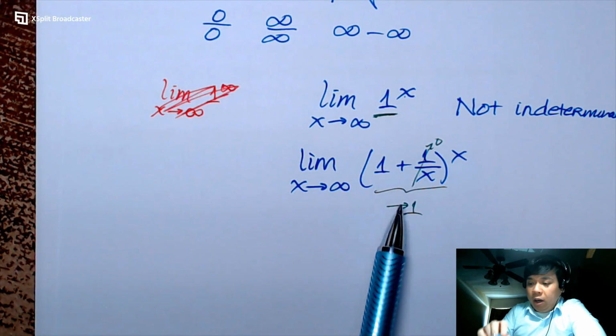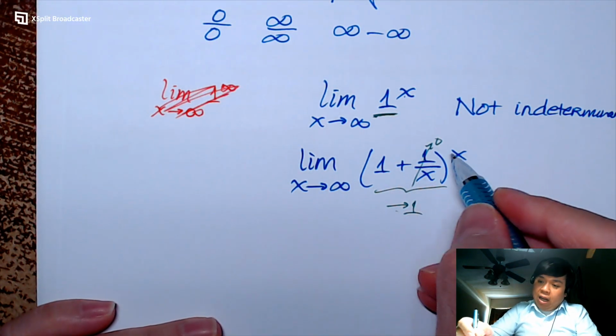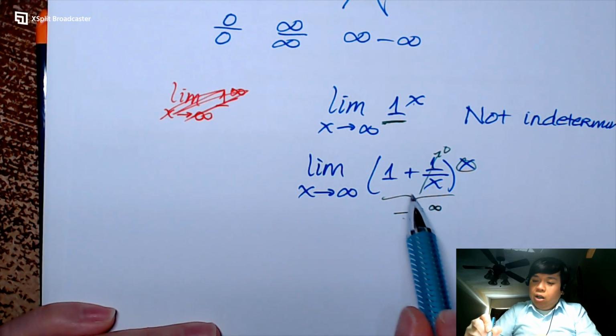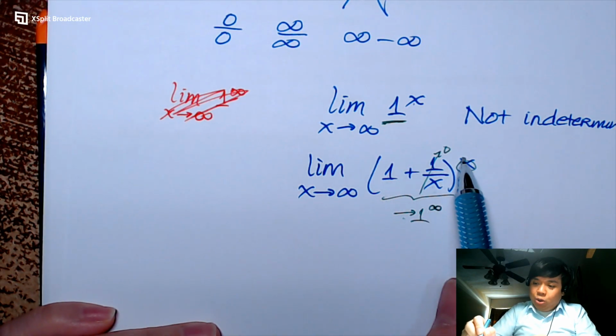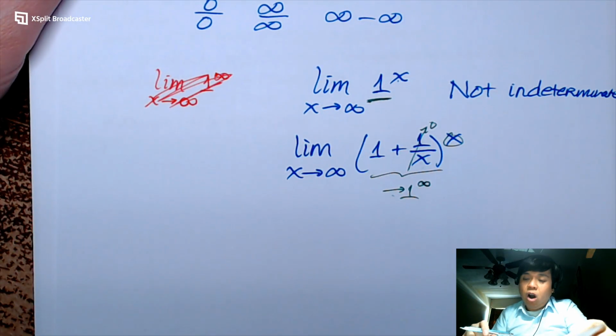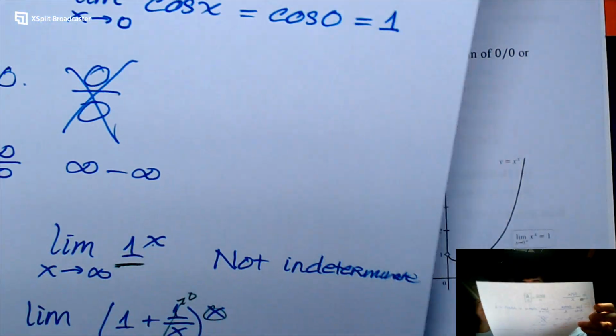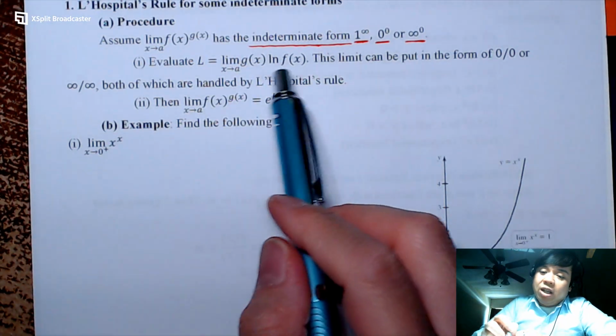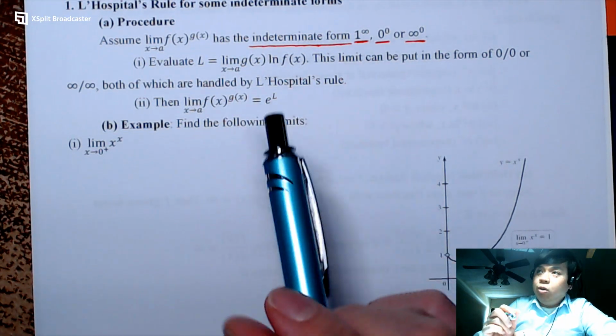This goes to 1, and the exponent goes to infinity. So that is an indeterminate form, and we can use the L'Hopital rule. And from here, we just take ln on both sides, and we go from there.